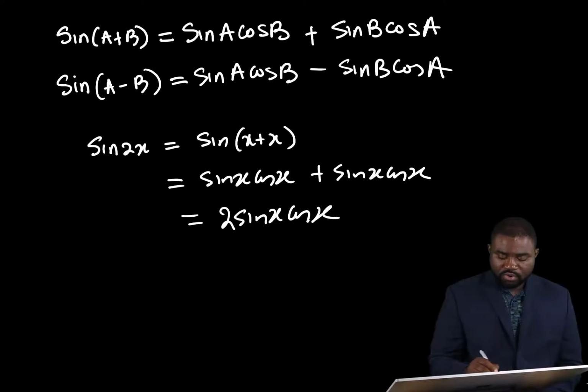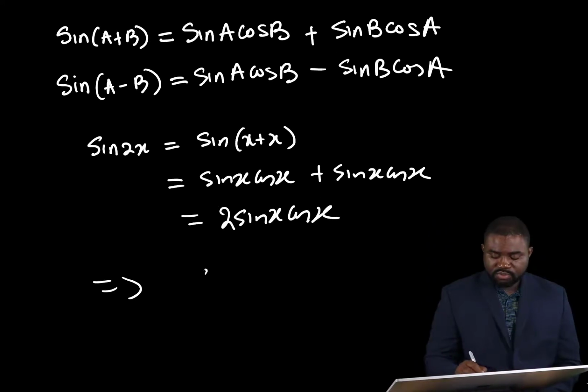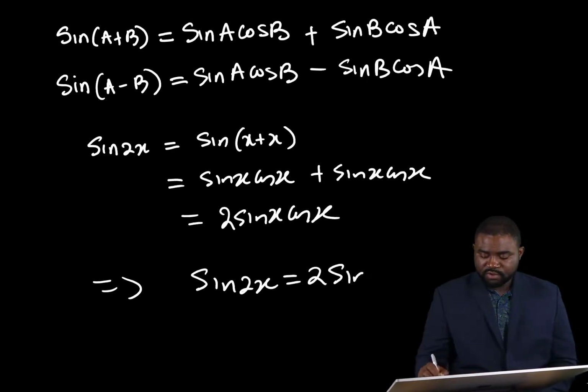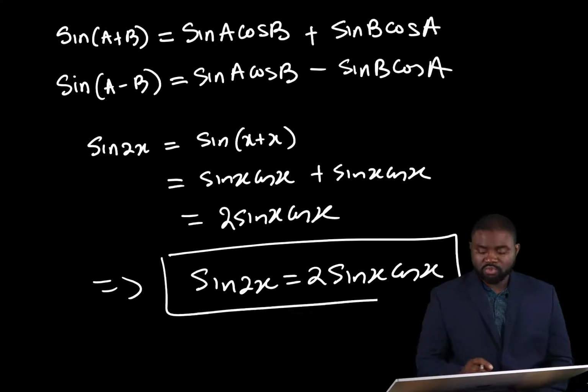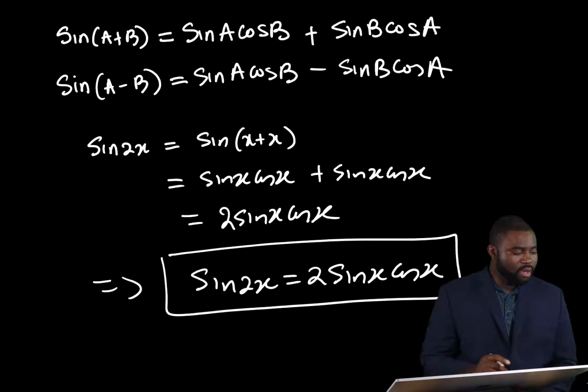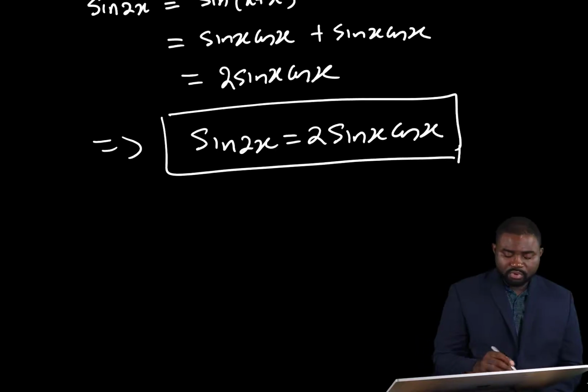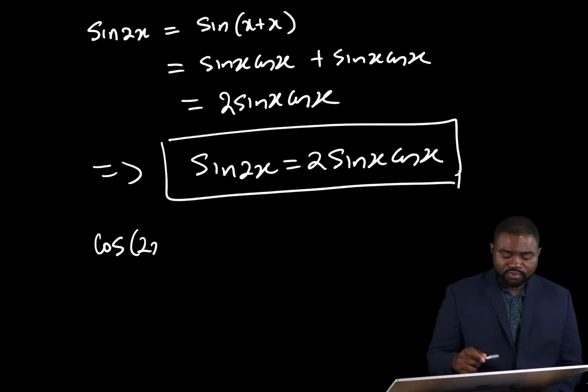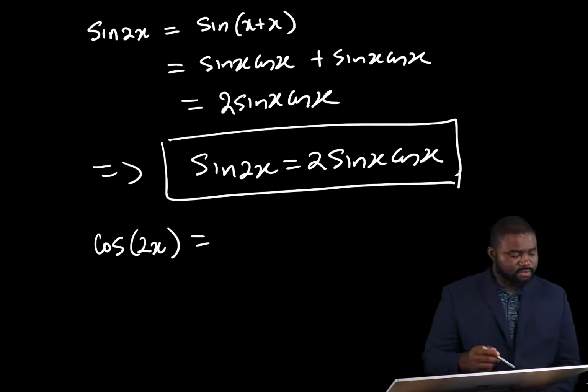So we can therefore conclude that sine 2x is equal to 2 sine x cosine x, and this will become very handy in projectile motion.